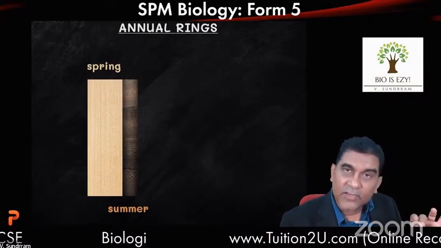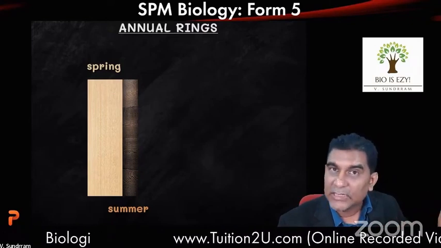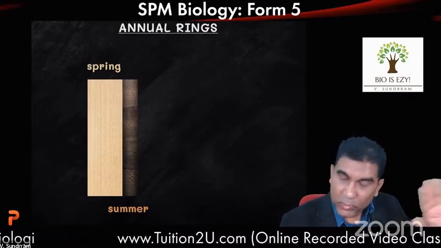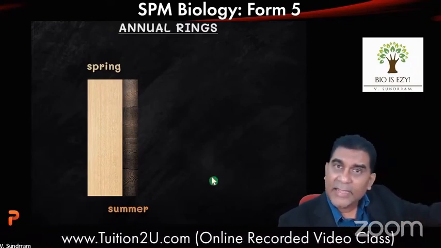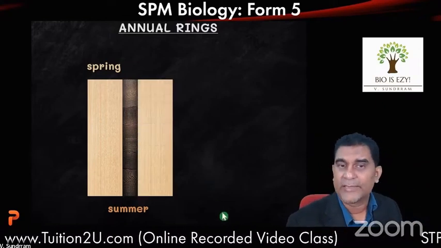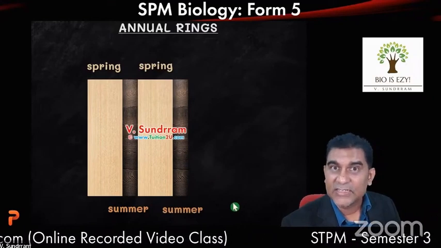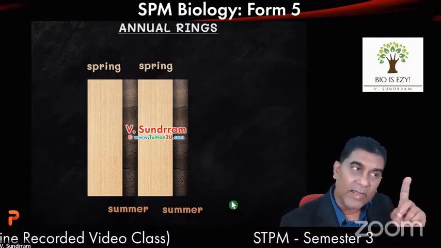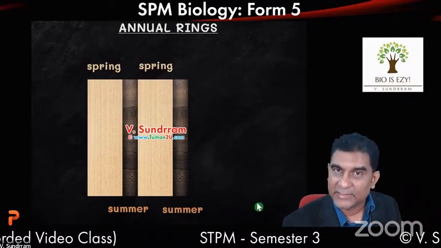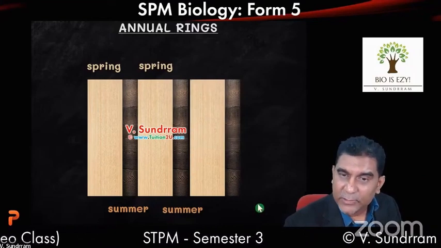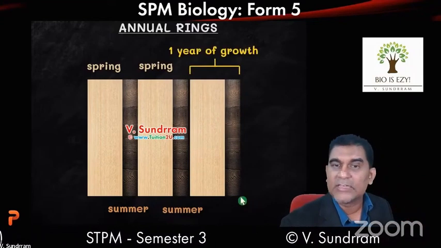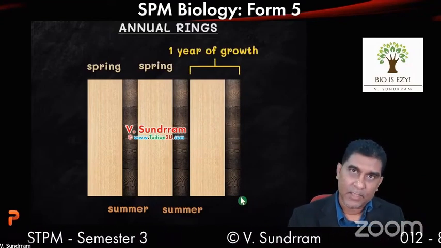In fall, in winter, no secondary growth, no ring, no annual ring. The next year, in spring, they form again. In summer, they form again. So every year, you will have one lighter ring and one darker ring. So every two rings represents 1 year of growth.